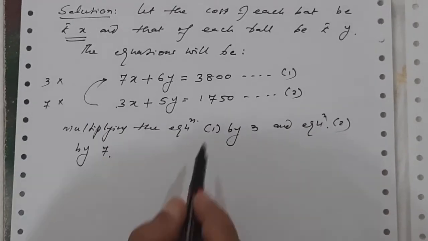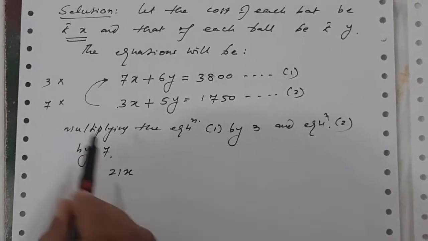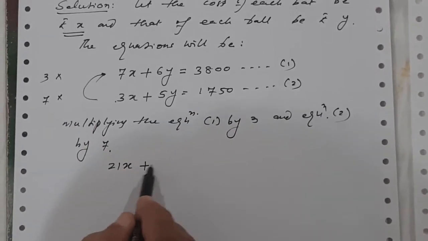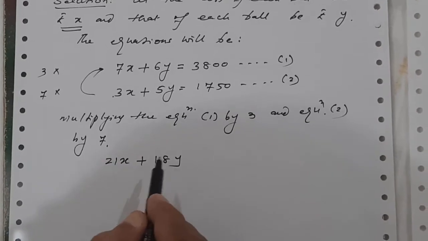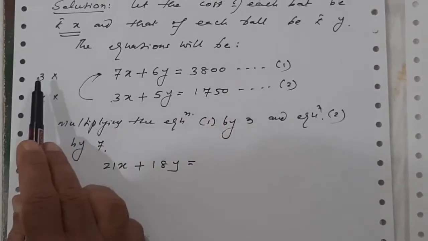So multiply. 3 into 7, 21x. And then 3 into 6, 18y is equal to, now you have to multiply 3800 also by 3.